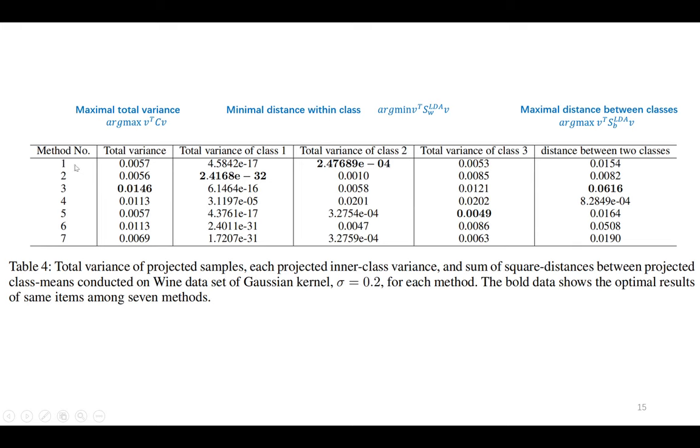And our proposed method number 2, number 1, number 5 performs best in the item of total variance of class 1, 2, 3 respectively. So we can still conclude that some of our proposed methods perform better than PCA and LDA, than KPCA and JDA in some of the items quantitatively.